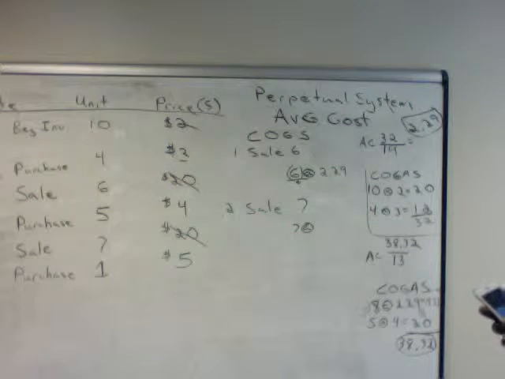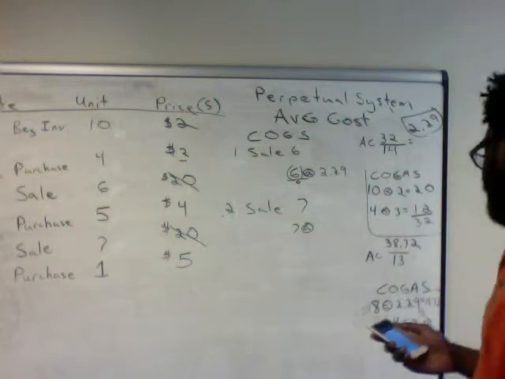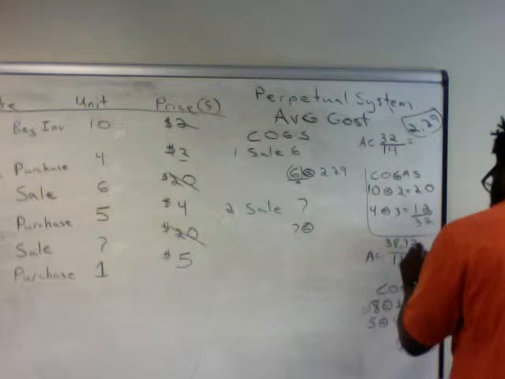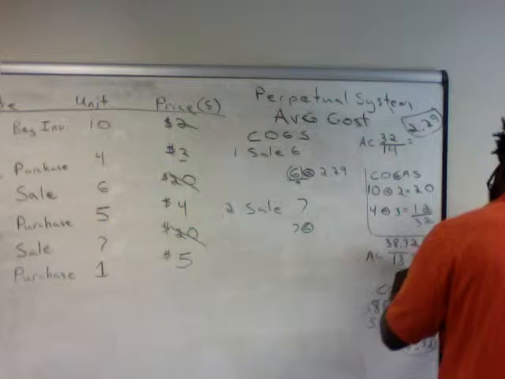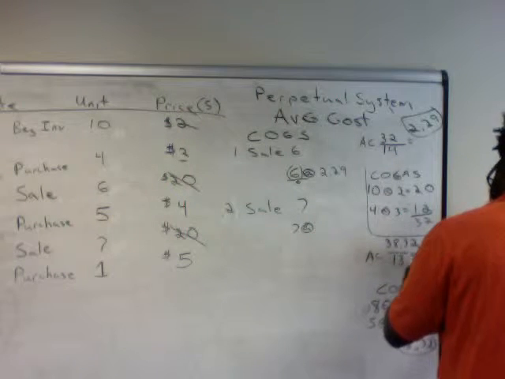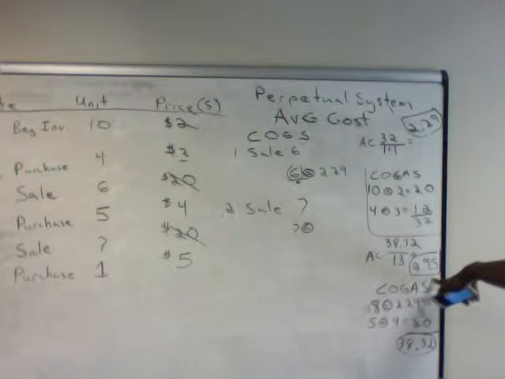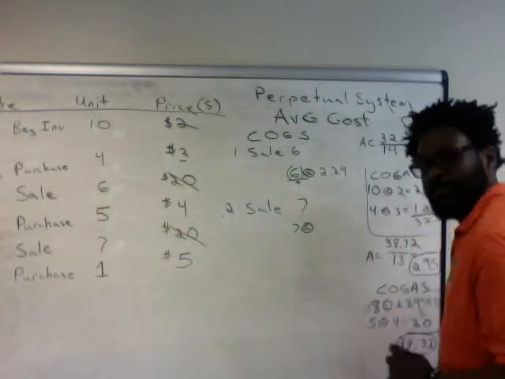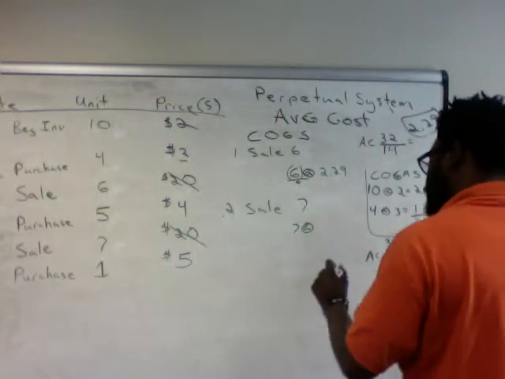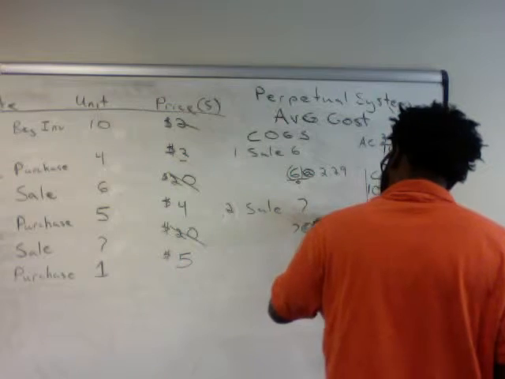So if I take $38.32 and divide it by 13, I get now $2.95. So my average cost for 7 units is going to be $2.95.